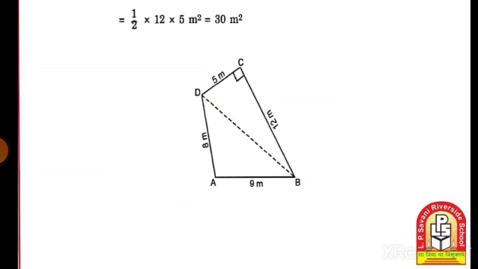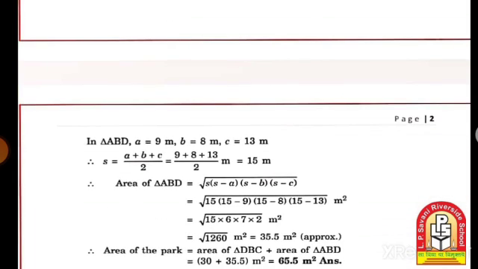We have to find the whole area of this figure. So the area of the park is area of DBC plus area of ABD. Put the values in this equation. Area of DBC is 30, and area of ABD is 35.5, that is 65.5 meter square. Okay, in this way you can find the area of the park.